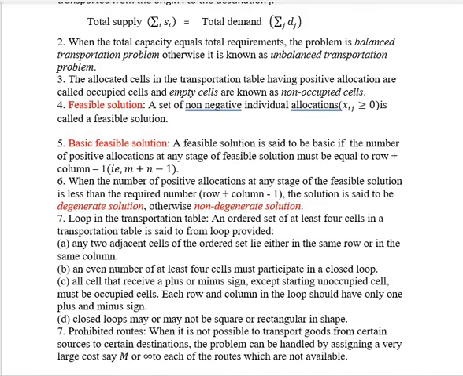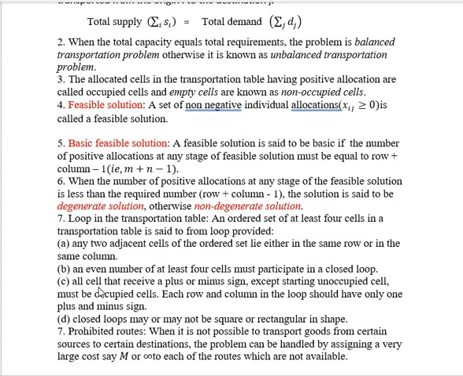Next, we can see what is a loop in the transportation table. An ordered set of at least 4 cells in a transportation table is said to form a loop provided any 2 adjacent cells of the ordered set lie either in the same row or in the same column, and an even number of at least 4 cells must participate in a closed loop.